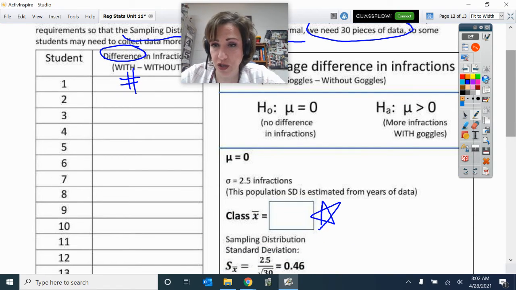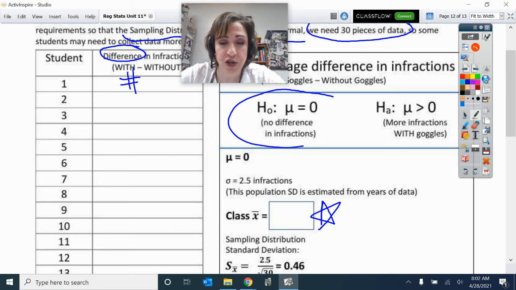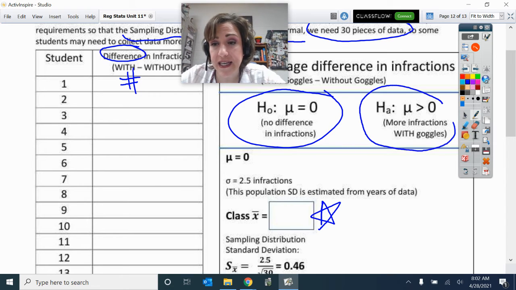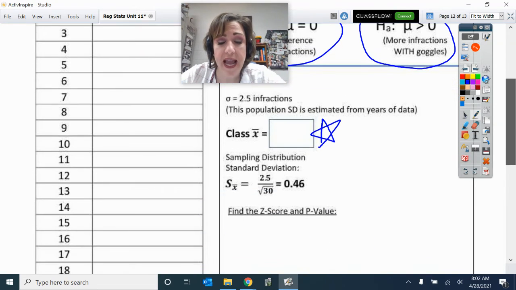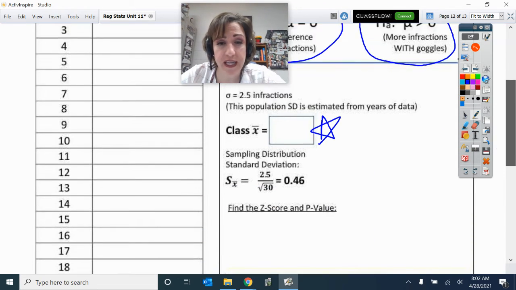So is there no difference in the infractions on average, or are there more infractions with the goggles on average?